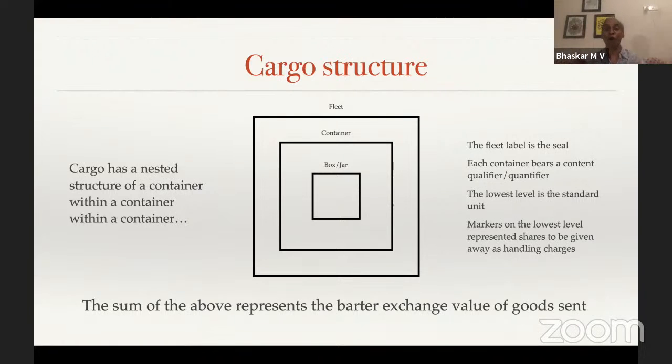And the sum of all this information represents the barter exchange value of goods sent. So we need to also understand that India was a barter-based economy and there was really no money there. That means when they sent goods, they expected to receive goods in return. And when they sent goods, they expected that some of the goods will be parted with as part of handling charges and intermediary commissions, and so on and so forth.